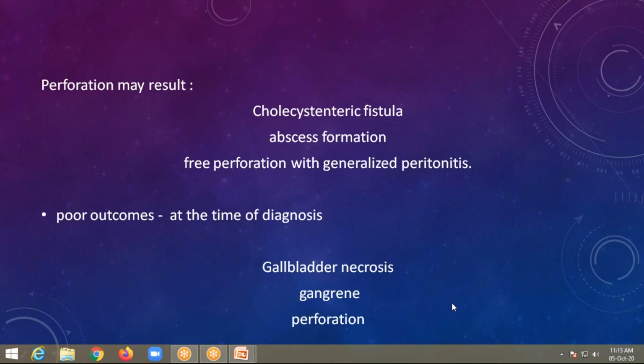In the next class, do you want surgery, for example, do you want to see laparoscopic cholecystectomy, or do you want me to continue with gallbladder diseases? The choice is yours.